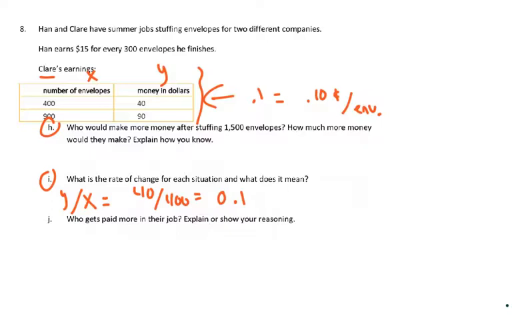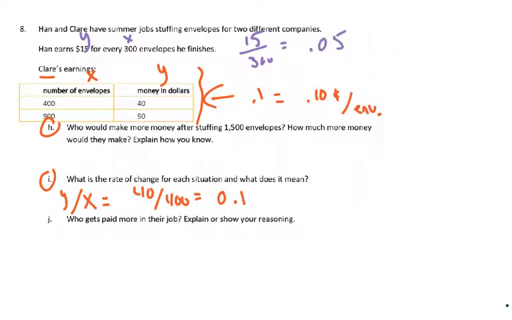Han, let's look at Han. This is his X. This is his Y. 15 over 300 equals 0.05.